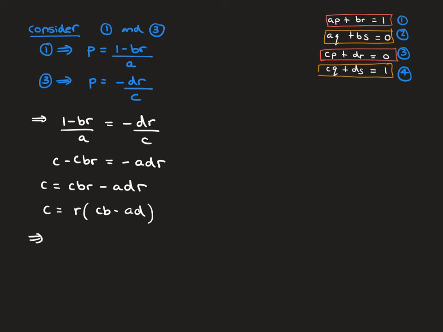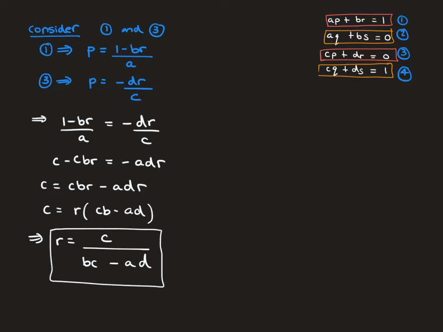This gives me R in terms of A, B, C and D. So I have one of the components of my inverse matrix in terms of the components of my original matrix. And we know from here that P is equal to negative DR over C, so negative D over C multiplied by R, which we've just found.